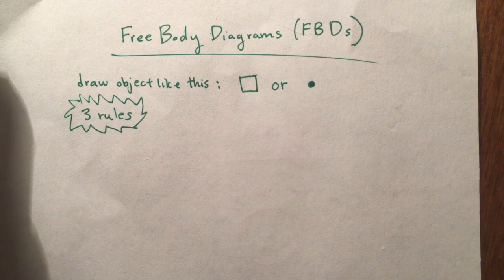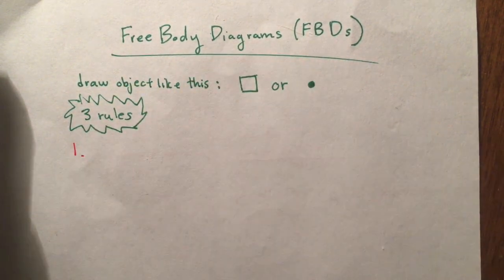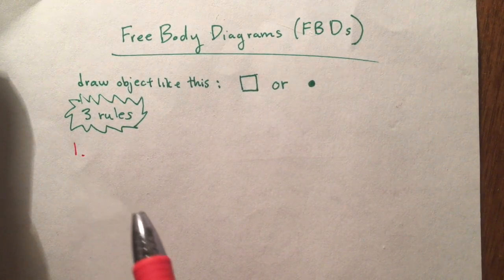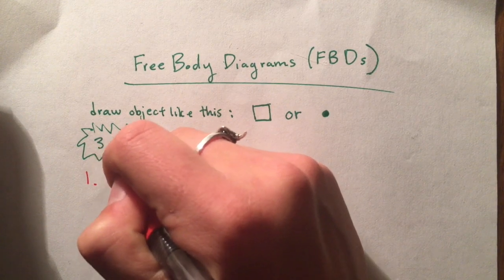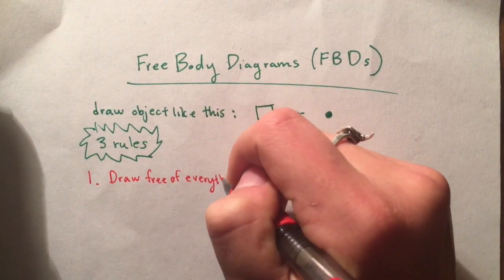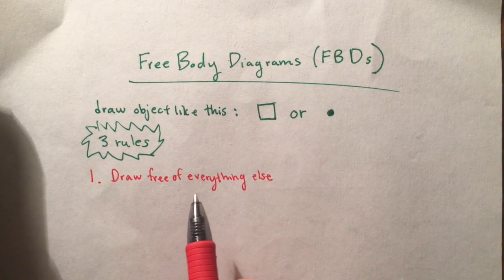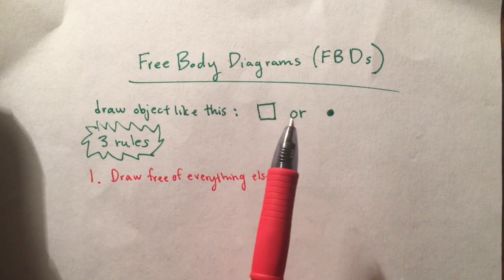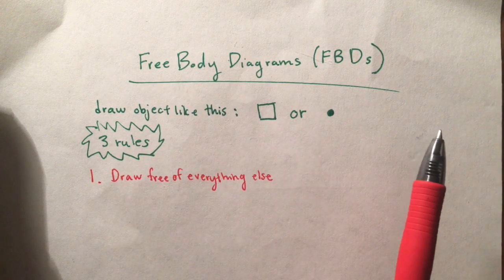There are 3 rules to drawing free body diagrams. Okay, my 3 rules. Number 1, the first rule when you're drawing a free body diagram is that you draw this diagram free of everything else. The object should be free of everything else. So your free body diagram should only be the object or system of objects that you are drawing the free body diagram for.